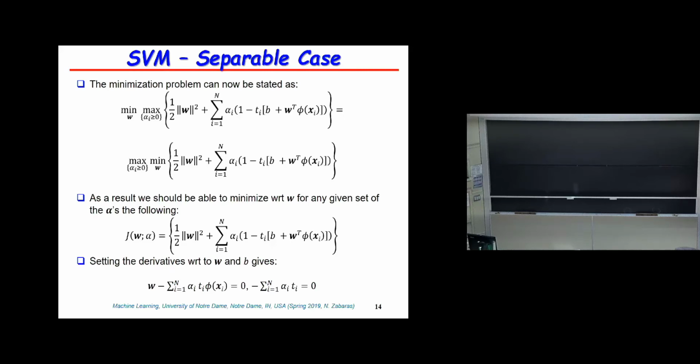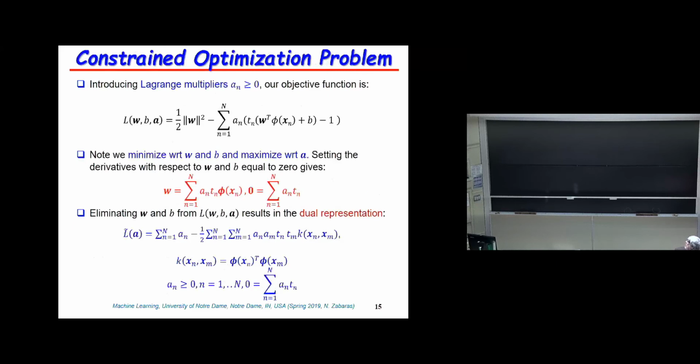So what we're going to do now is take these two equations, plug them back into the objective function, and get an objective function only in terms of alpha, only in terms of the Lagrange multipliers. This is our dual optimization problem. We went from doing optimization in w and b to now doing optimization only in terms of alpha.